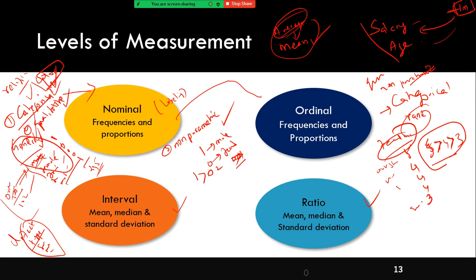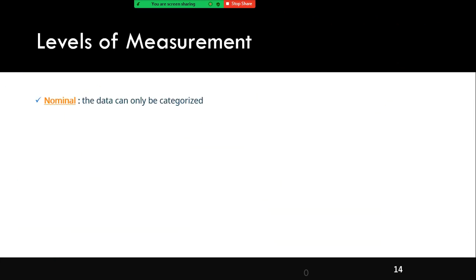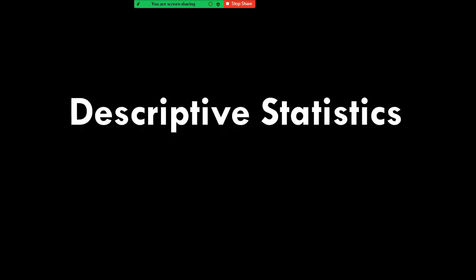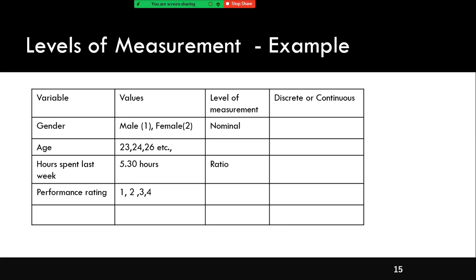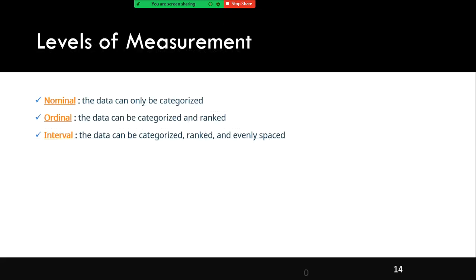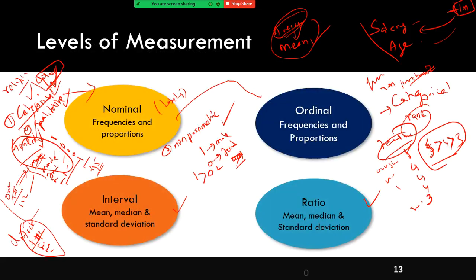Okay. So what is the example for the interval? Intervals are distance between two things, right? Let's take a simple example. You have something called discrete variable and continuous variable.